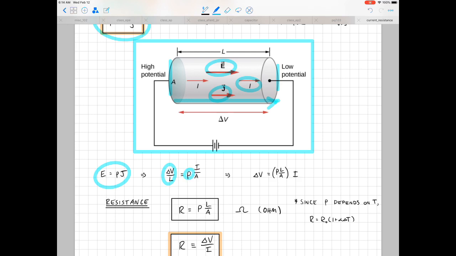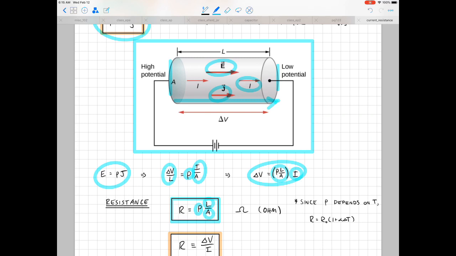I've got my rho still, and then I substitute out the current density, I over A for J. And then I just rearrange the terms, and I notice that the change in voltage across this material is equal to I multiplied by this thing in parentheses, rho L over A. And so that allows us to define a quantity called the resistance, which depends on the resistivity of the material, the length of the material, and the cross-sectional area of the material.